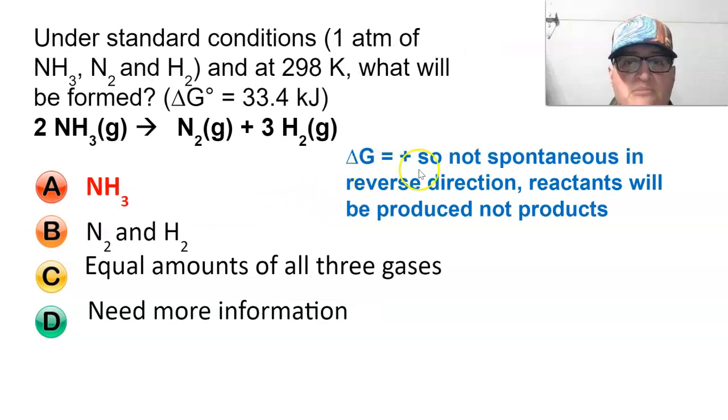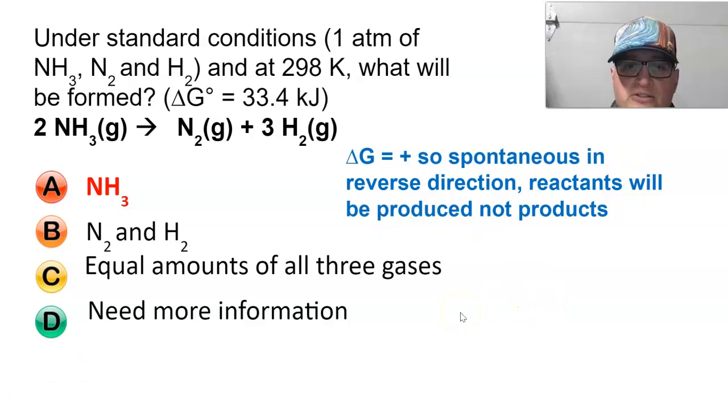Well, if delta G is positive, it's not spontaneous in the forward direction. Therefore, reactants will be produced, not products. So thinking about this, we have to keep in mind that we'll have a whole bunch of NH3 because delta G is positive.